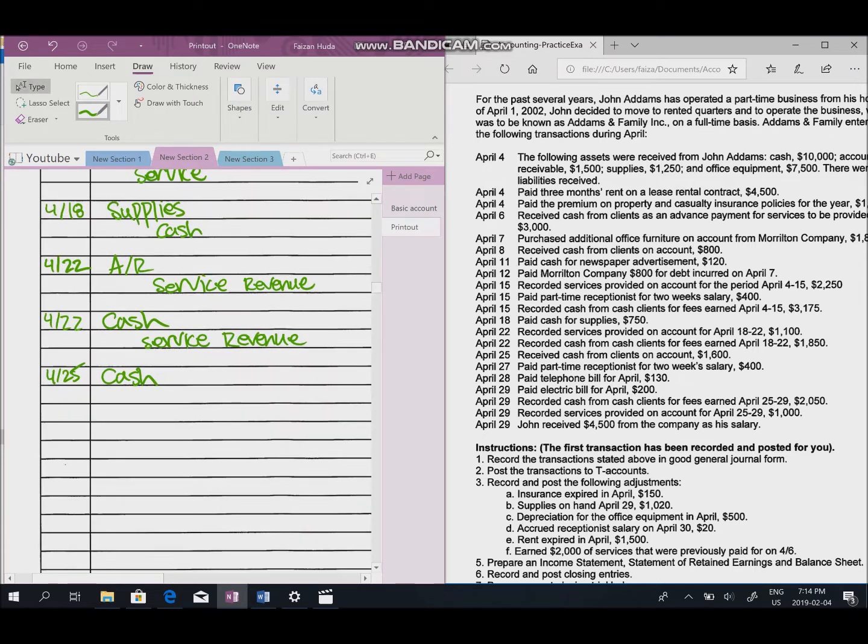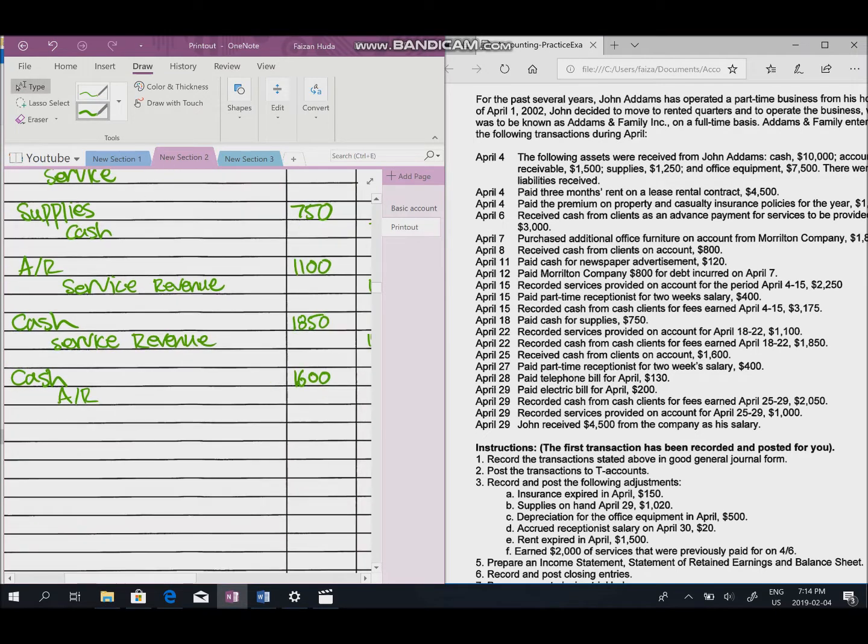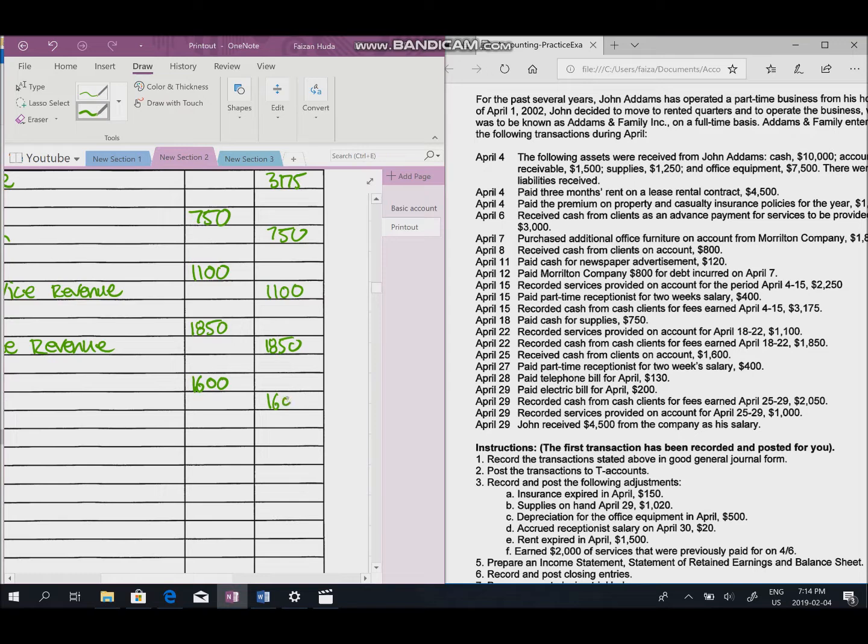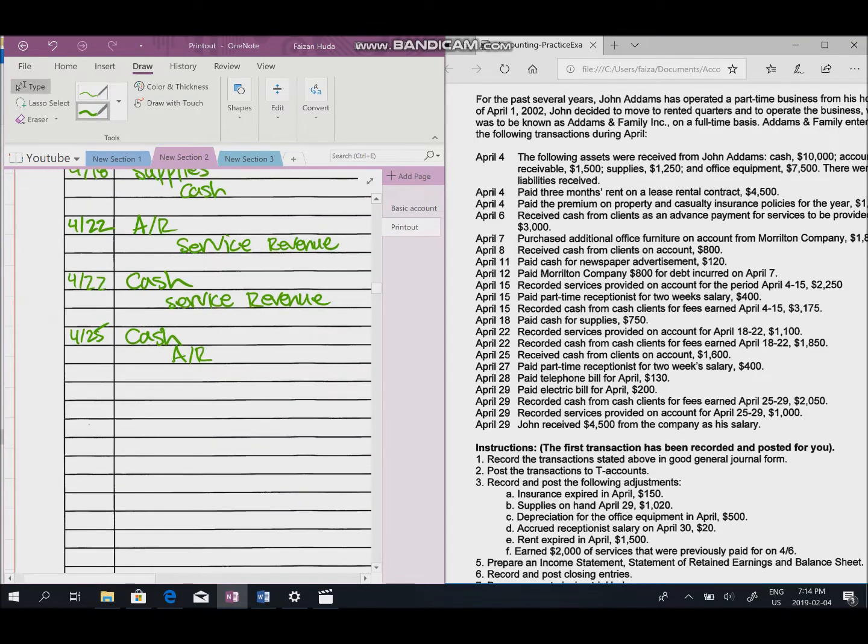And it says on account. That means we were supposed to receive this money, but now they have paid us. So accounts receivable will go down since they have paid us. So we credit 1,600. Every time you want to decrease an asset account, as I said, you will credit it.